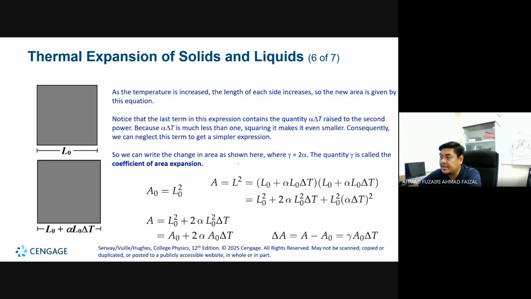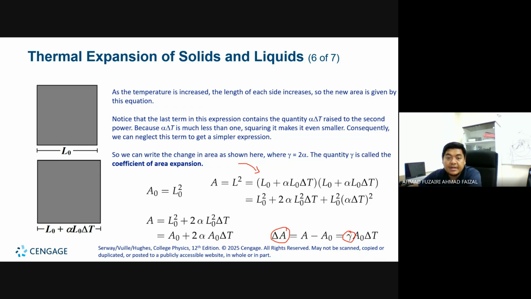So you put everything in the previous slide, which is L naught plus alpha L naught delta T, and you square it, so you will get the value where you can define delta A is equivalent to gamma A naught delta T. Okay, another coefficient of area expansion. To be precise, the coefficient of area expansion.